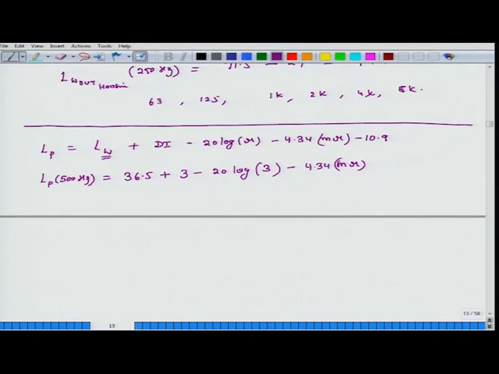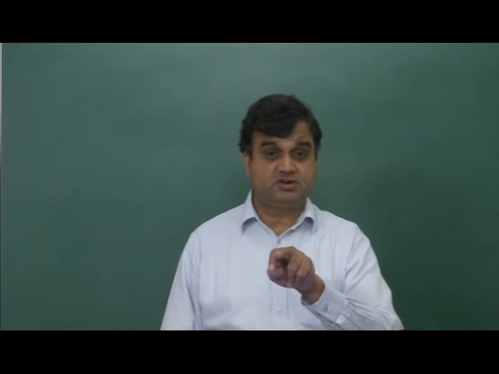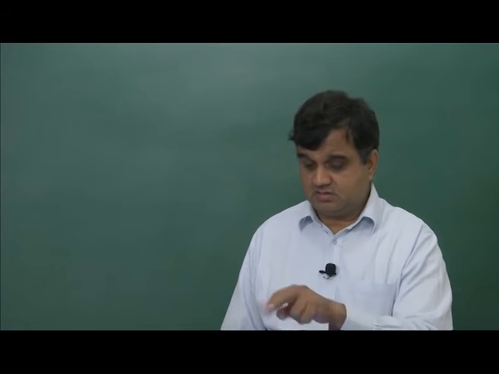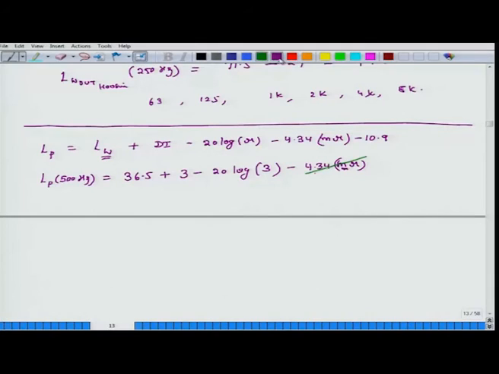The value of M becomes important especially if you are several hundred or thousand kilometers away. Because of that reason we will just ignore this in this case, but if you are maybe 2 kilometers away, then you have to put the value of M, and this value of M will also be specific to frequency. Okay. So, this is there, and then minus 10.9.